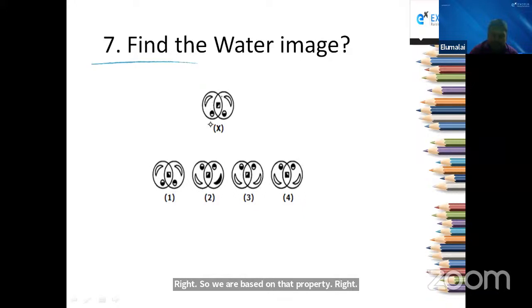Here it will be like inverted, right? So if it is inverted, then this will come down, this will go there, isn't it? So either 3 or 4 can be the answer. This is not the correct answer, right? And this is also not the correct answer because it is shaded here, isn't it? It will not be shaded in this place, right? So either 3 or 4 can be the answer, right?